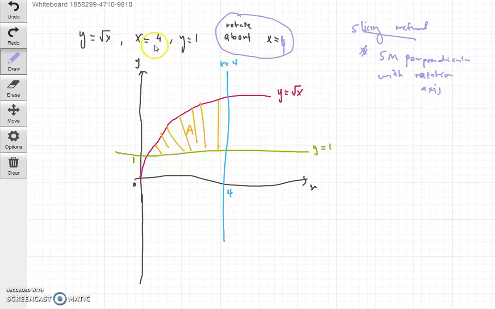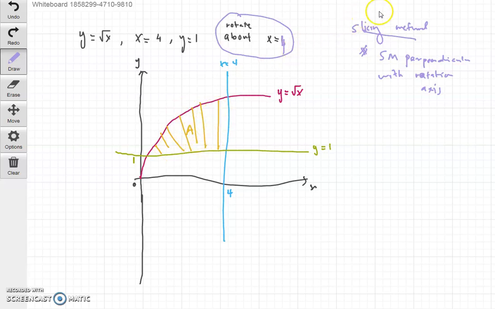And then we have x equals 4, a vertical line intercepting at 4 on the x-axis. y equals 1 is a green horizontal line, which intercepts at y equals 1. And this is our main region, or our main area.